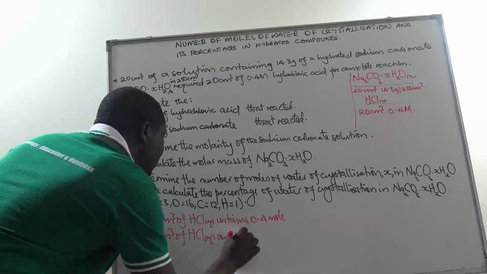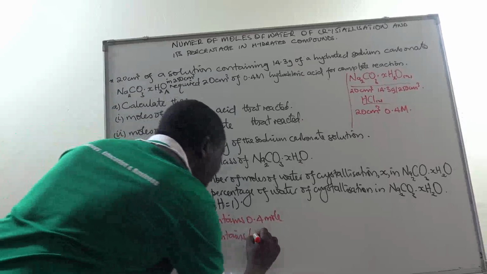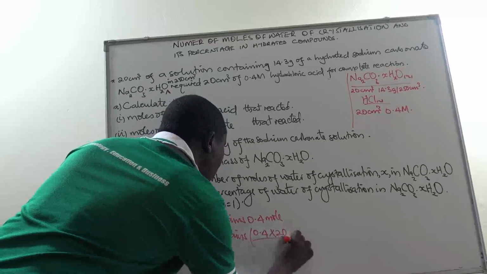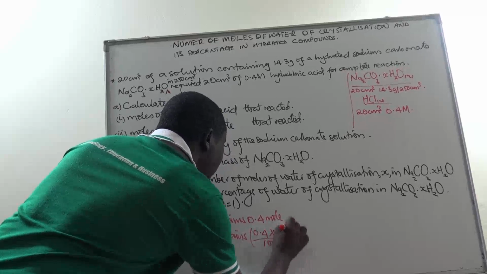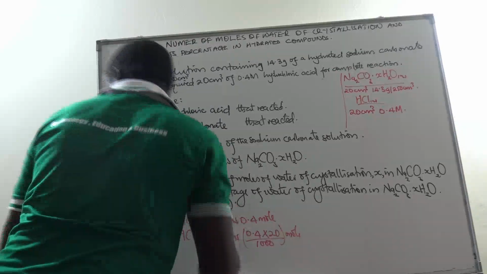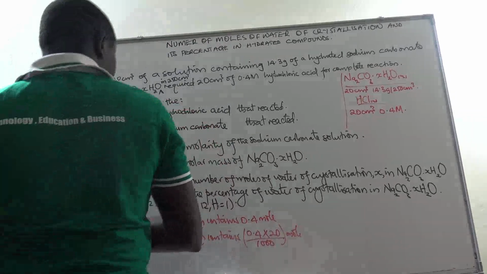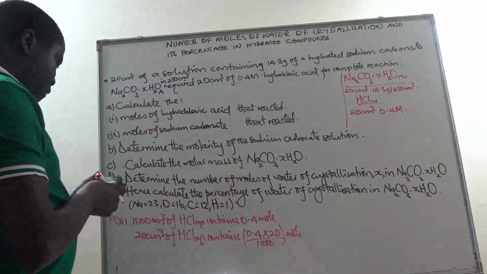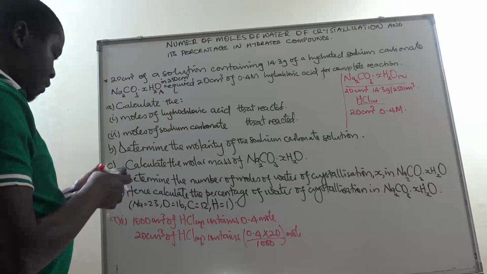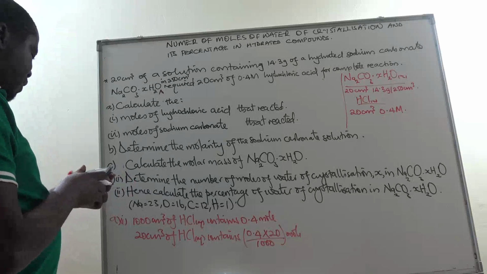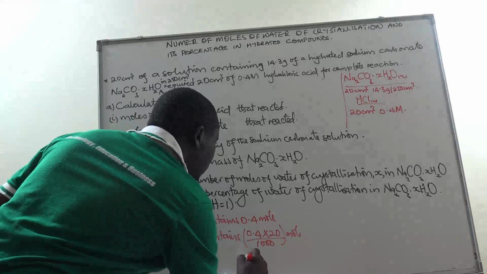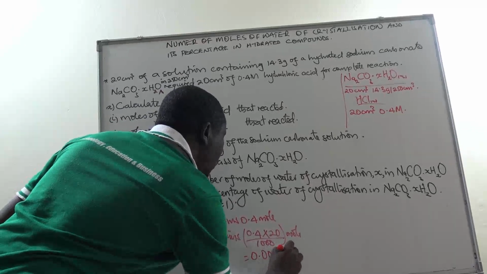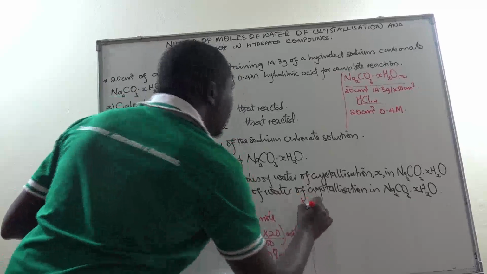So it contains, we cross multiply, 0.4 times 20 over 1,000 mole. And let us get, in this case, our number of moles of hydrochloric acid that reacted. So it is 0.4 times 20, and we divide by 1,000. Our answer is 0.008 mole.